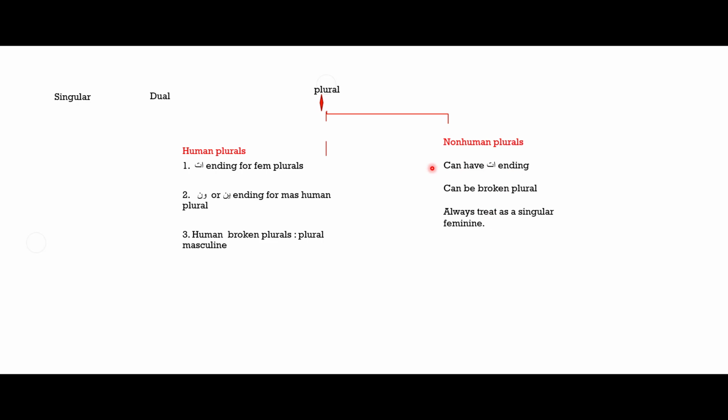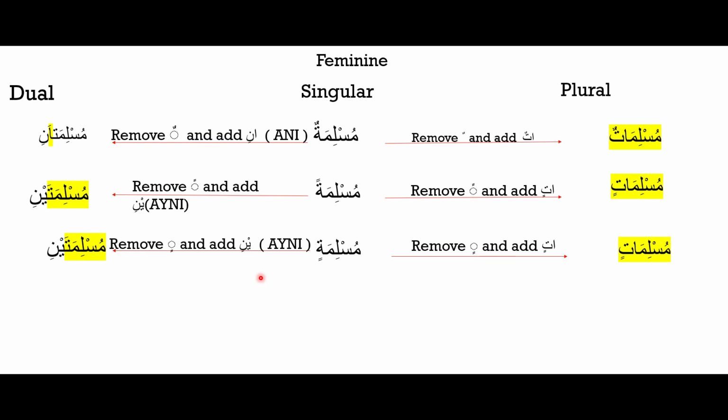Here is one important point: the atun ending which we have just now seen is also used for non-human isms to make plurals. Atun can also be taken by non-human isms to make plurals. This is not just for human feminine isms.